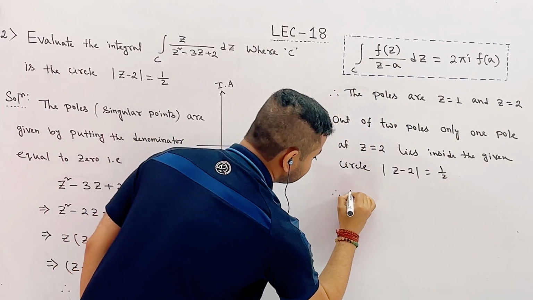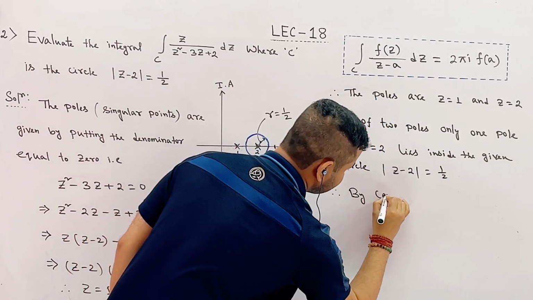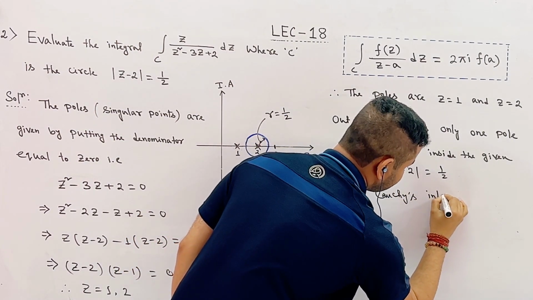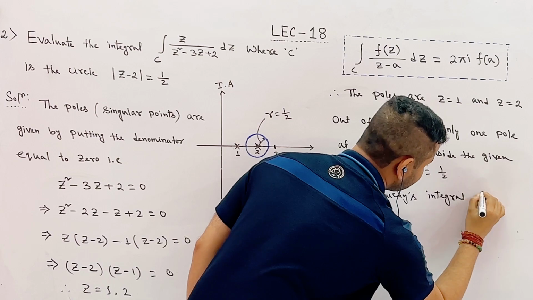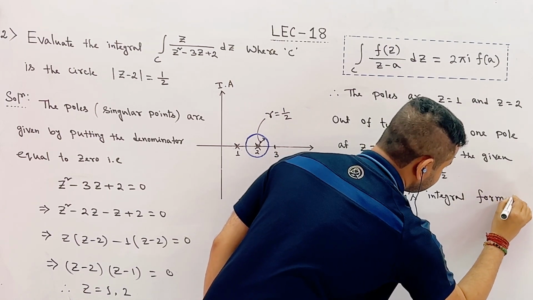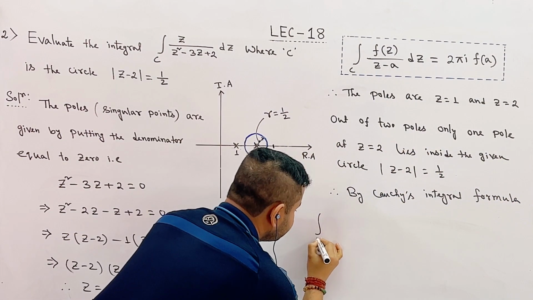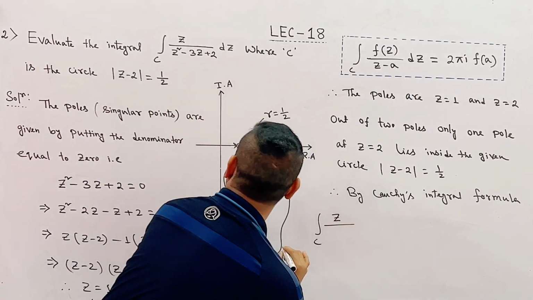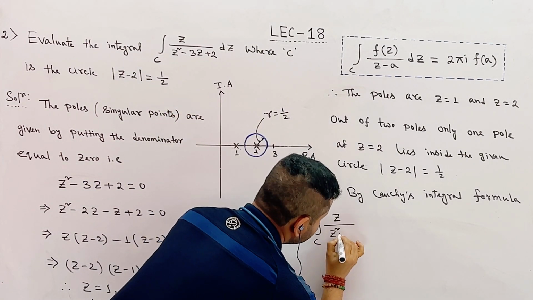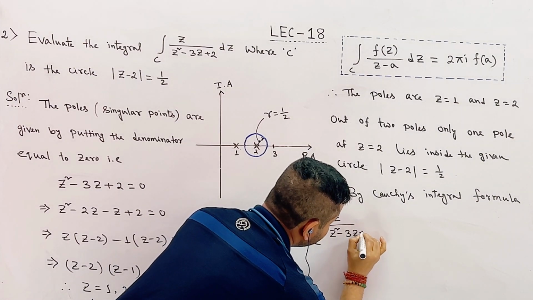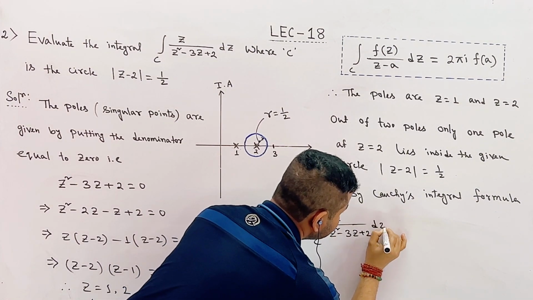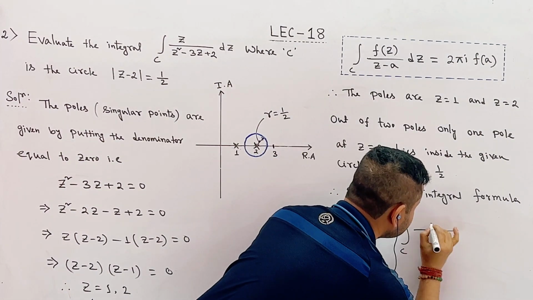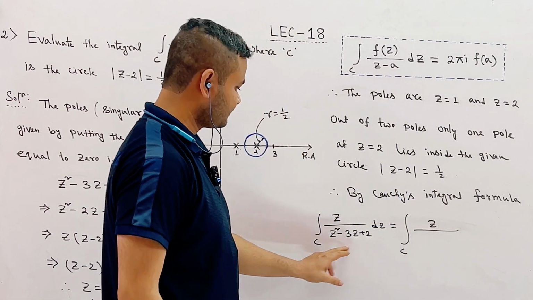So therefore, by Cauchy's integral formula, integration along curve C, z divided by z square minus 3z plus 2 into dz is equal to integration along curve C, z divided by this part.